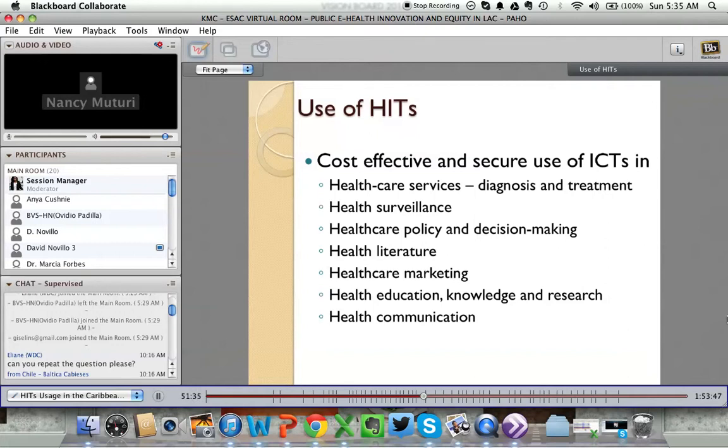Healthcare marketing, we see more and more organizations really using communication technology to promote healthcare services, healthcare information, healthcare research, and everything else. Then in health education, knowledge, and also research, there's plenty of that being now used in terms of ICTs and HITS. So health communication, again, ICTs are right in the middle of health communication.